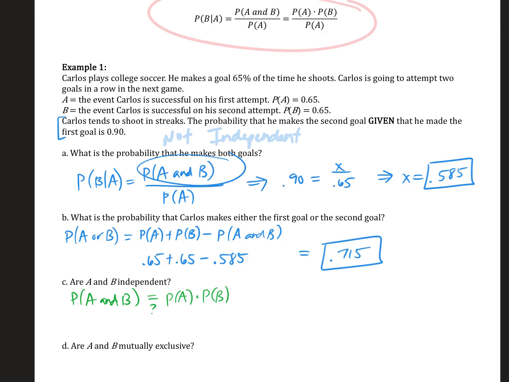So just do that math. A and B, again, we solved for, is 0.585 equal to 0.65 times 0.65? And that answer is no.